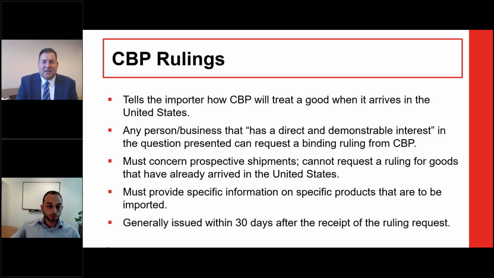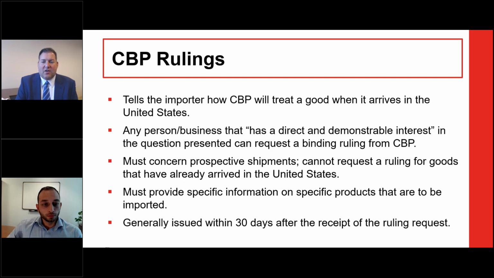The bottom line is that if you have a good or merchandise that you want to check the classification or its status under a preferential trade agreement like USMCA, you can request a ruling from US CBP.